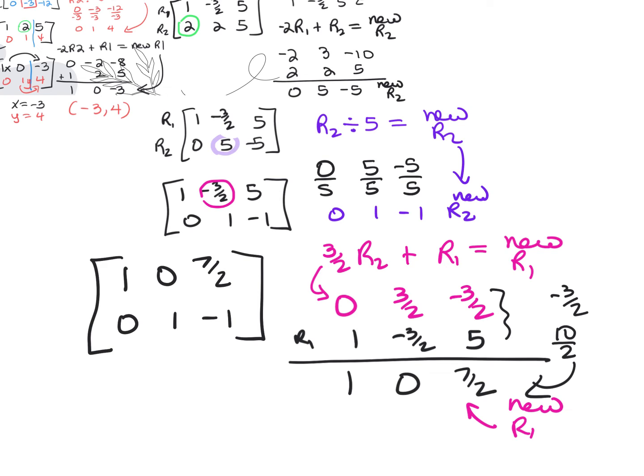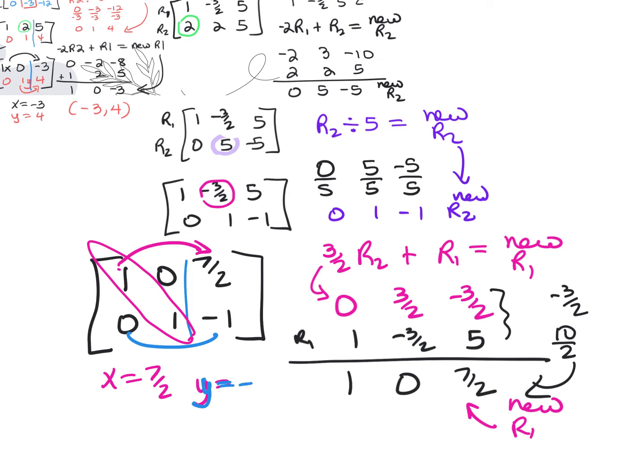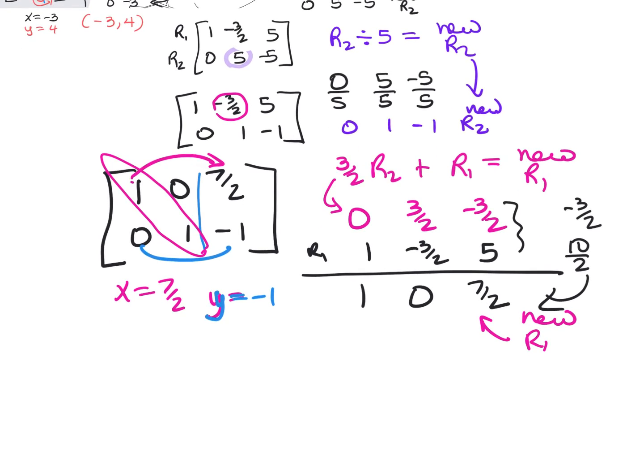I now have it set up as this identity matrix in my echelon form because I've got this diagonal of 1s. So now my x equals 7 halves and my y equals negative 1. So as an ordered pair, 7 over 2, comma, negative 1.